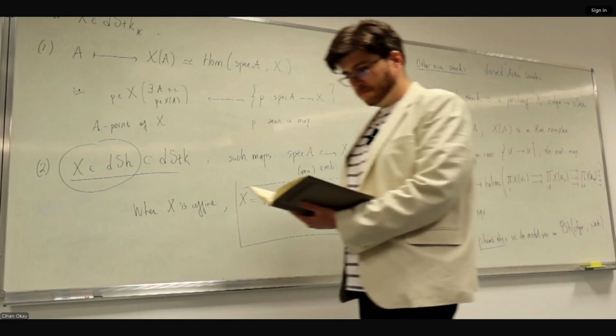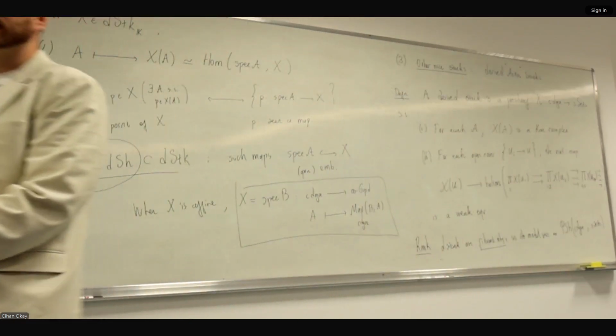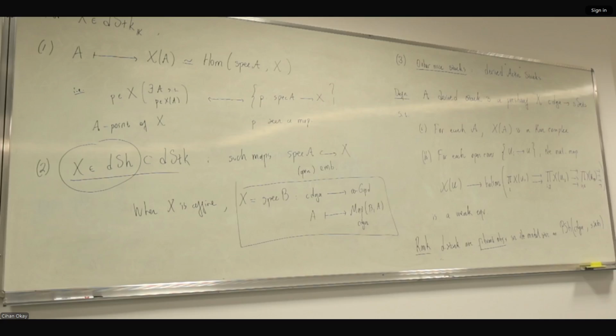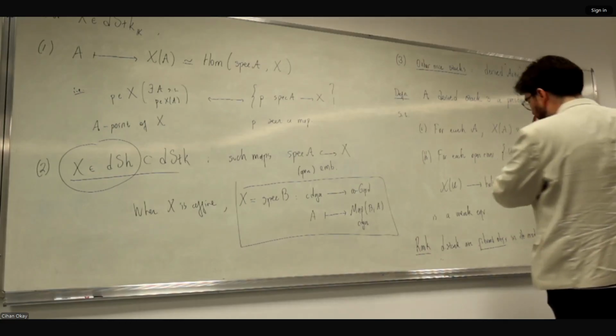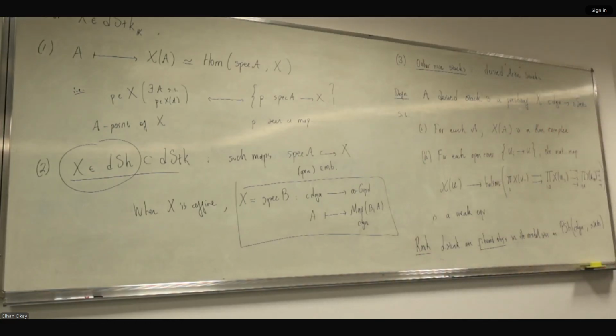I have a question. Is open cover, you mean on CDGA? Maybe I should, yeah, we have some Grothendieck topology. This is also the opposite category of affine schemes.